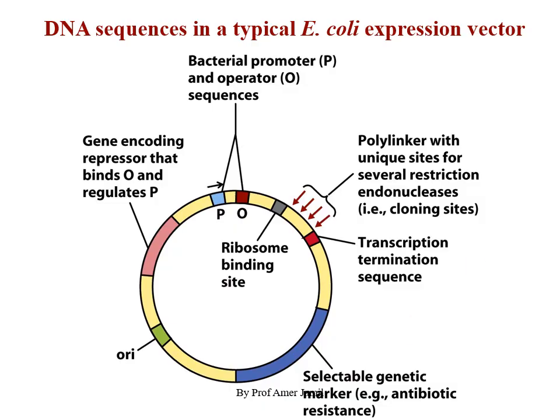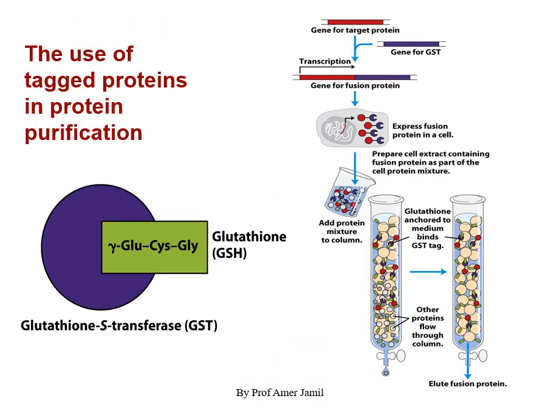So transformation of our vector inside the bacterial cell will provide us with proteins expressed in the bacterial cell. There are two possibilities: proteins are expressed inside the cell or proteins are exported out of the cell. In both situations, we have to purify our proteins.